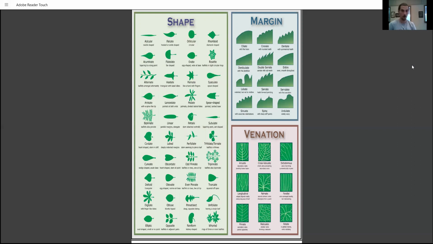They're moving water into the leaf, and they're moving nutrients produced from photosynthesis out of the leaf. But they take on all kinds of different patterns.